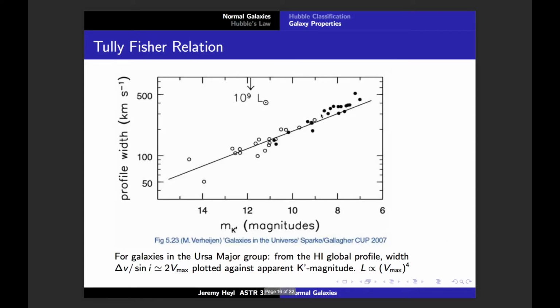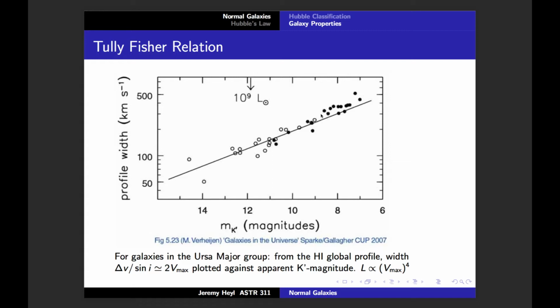And what's interesting is that as we look across the different spiral galaxies, how fast they rotate is put on the vertical axis, and how bright they are, their magnitude, is on the horizontal axis. All of these galaxies are in the same group, called the Ursa Major group. I think it's, in fact, the group that has that pretty galaxy in it.